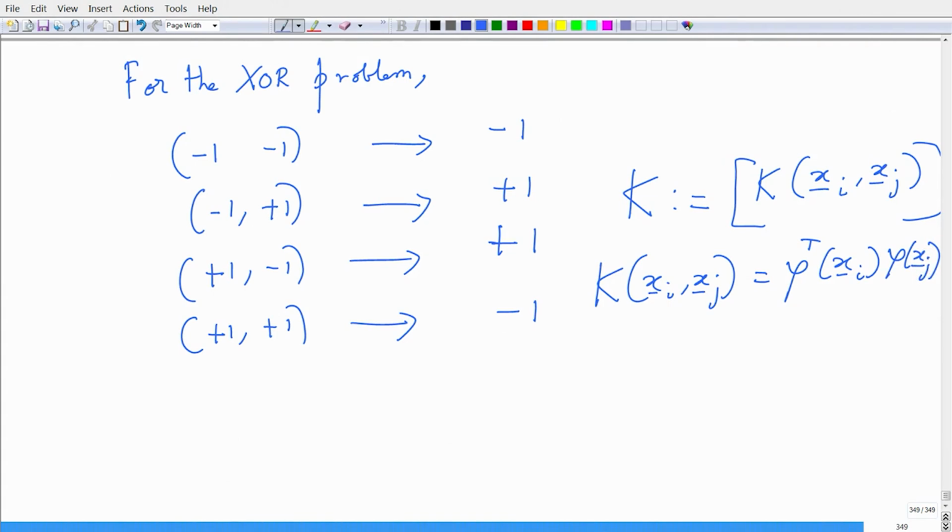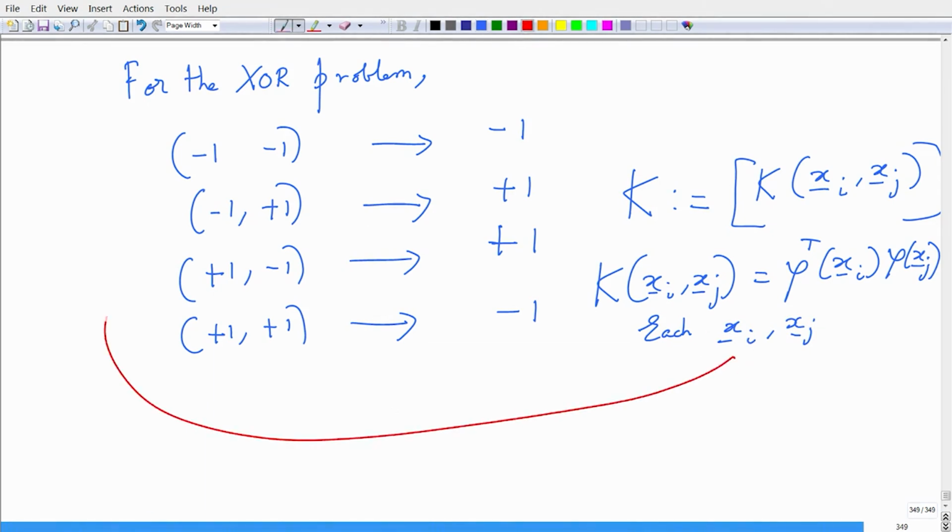Now, each xi and xj can take these pairs: -1 -1, -1 +1, +1 -1, and +1 +1. Okay. So, I get a 4 by 4 matrix when I compute the Gram matrix. You can verify this computation, and I get this matrix as 9 1 1 1, 1 9 1 1, 1 1 9 1, 1 1 1 9.